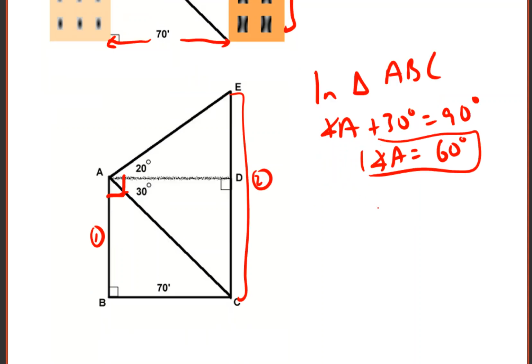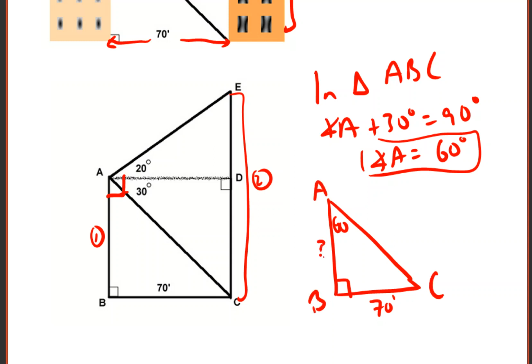Even though we've got the diagram on the left, I'm going to redraw that triangle so I can focus in. I've got a right angle here, 60 degrees, 70 feet here, and what I really want to know is this side. I'm going to relabel it A, B, and C, and I want to know this side here, the unknown.